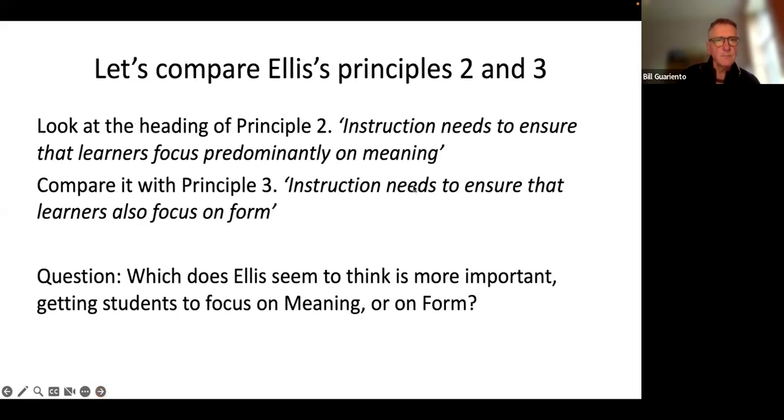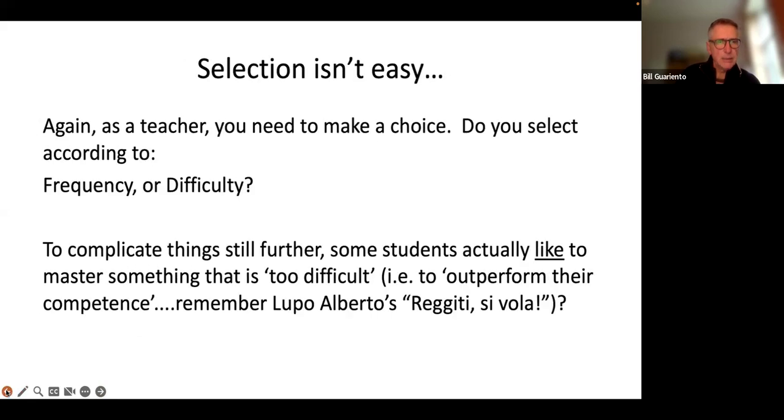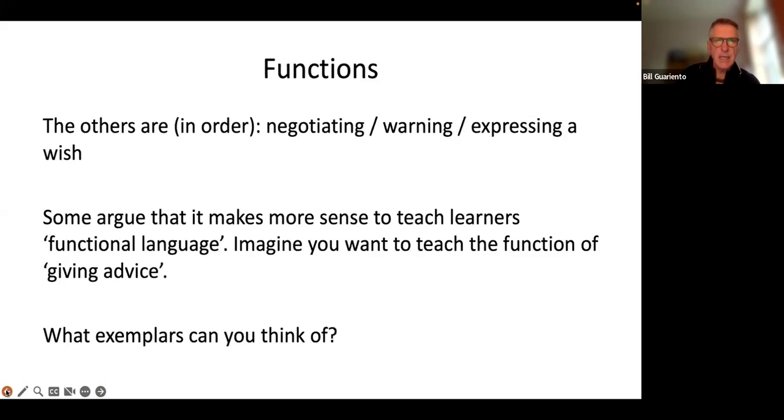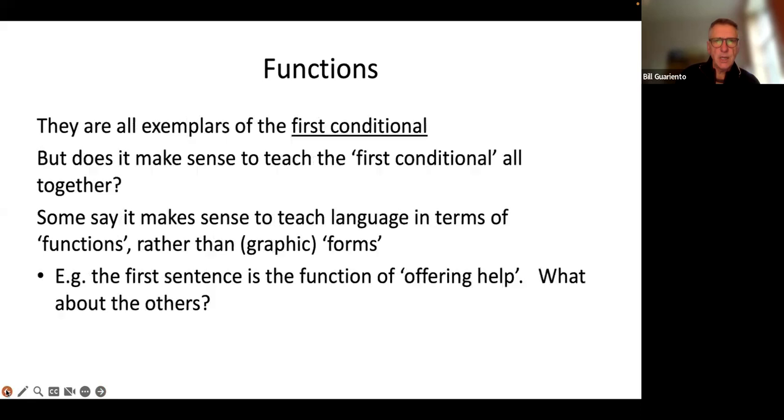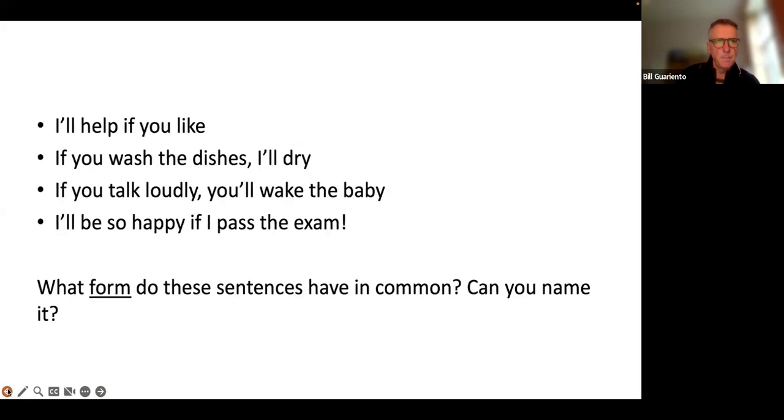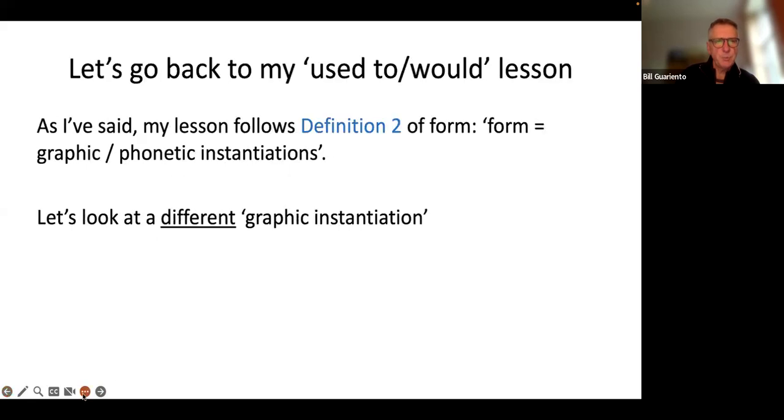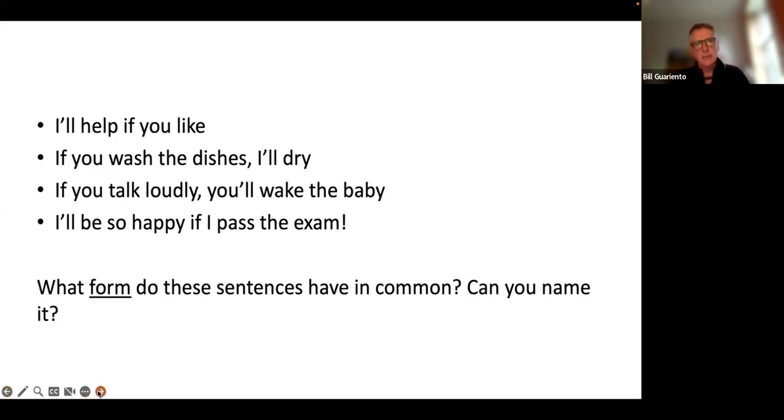Okay. So we're nearly at the end of the lesson, but let me ask you a question. How do you prefer to learn forms? Do you prefer to learn, for example, all of the first conditionals together?